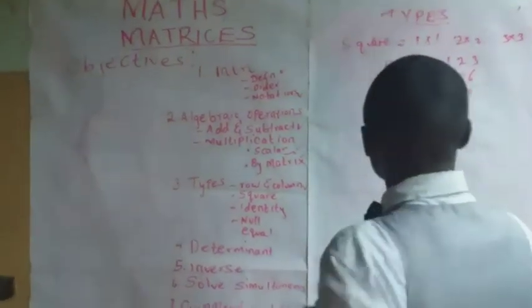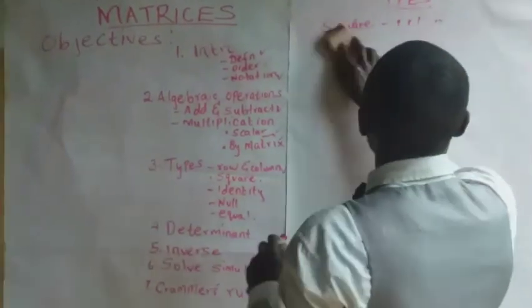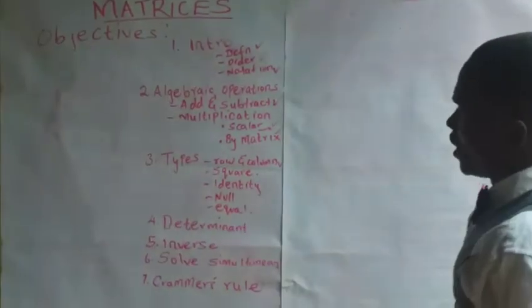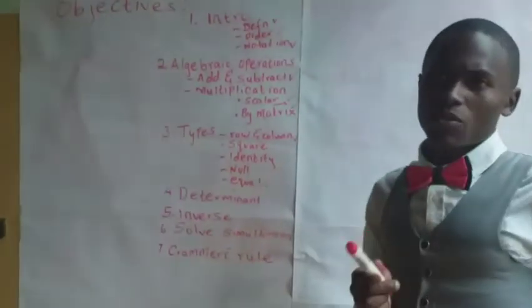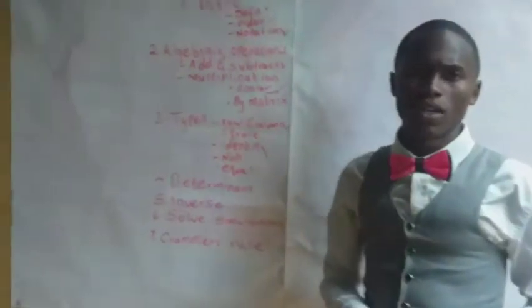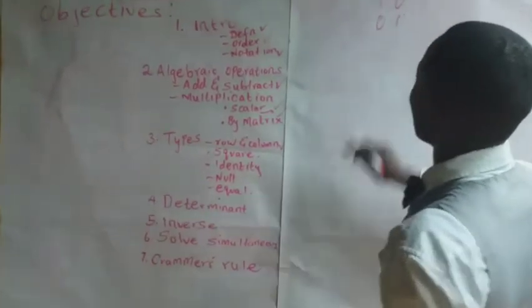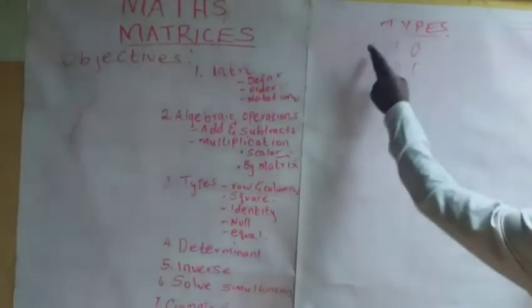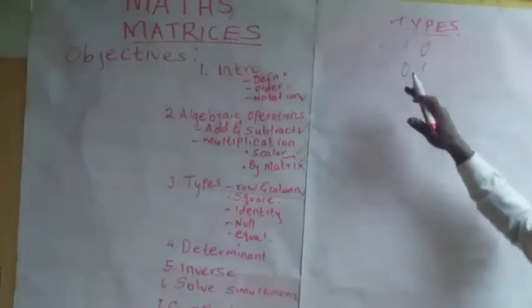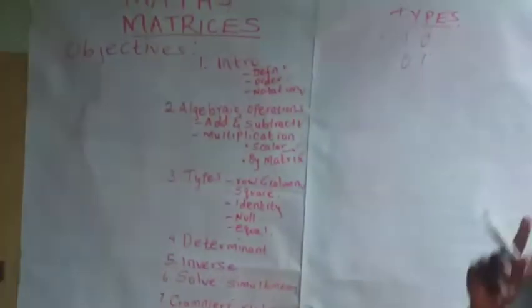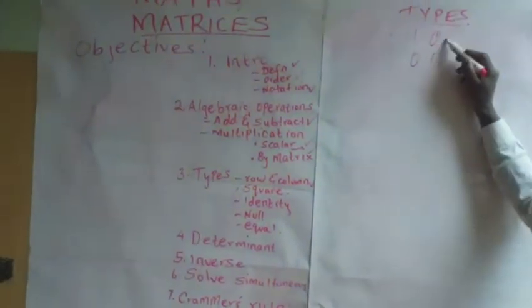Now, the identity matrix is where we'll be moving on. An identity matrix is a matrix that has its leading diagonal elements equal to 1 and all the other elements equal to 0.